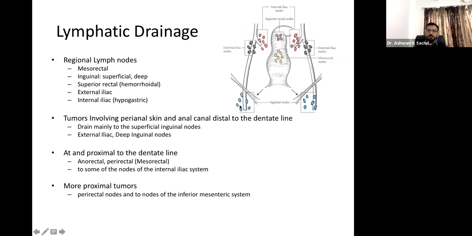Tumors below the dentate line drain into the superficial and deep inguinal lymph nodes, and some into the external iliac lymph nodes. If they are at or proximal to the dentate line, they drain into the mesorectal lymph nodes and the internal iliac nodes. If they are more proximal, they go through the superior rectal nodes into the inferior mesenteric system.